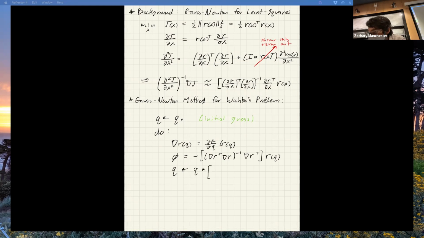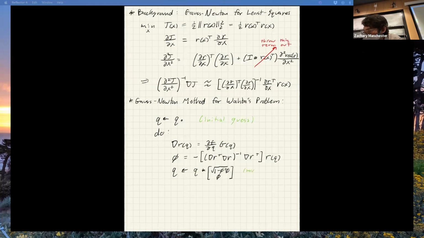So I'm going to convert the phi back into a full Quaternion and multiply it onto my previous Quaternion. And in general, you would have a line search in here. It turns out for this problem, it's a very benign, nice problem, and you don't need a line search, but in general, all the usual regularization and line search stuff would apply here.